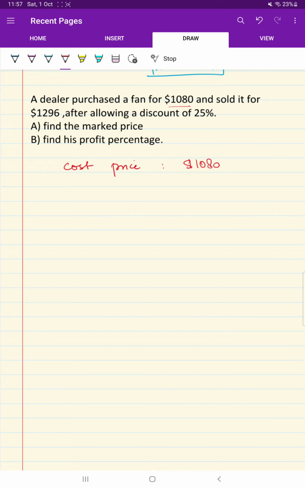Now imagine what is exactly happening here. Here is a shop, right? So a person bought a fan from outside the shop at what price? 1080. If he is buying at 1080, he will not sell it for 1080 because he has to earn a profit on that, right?